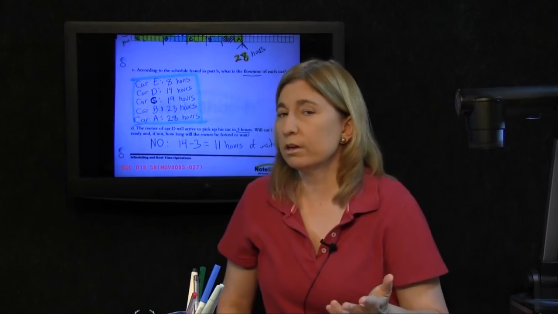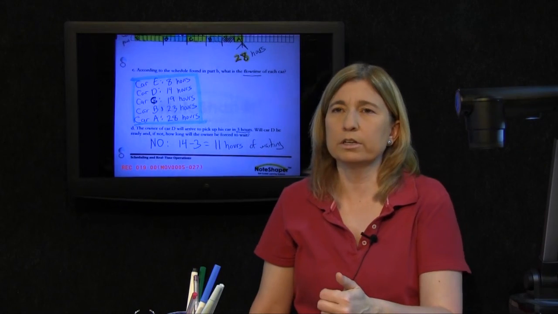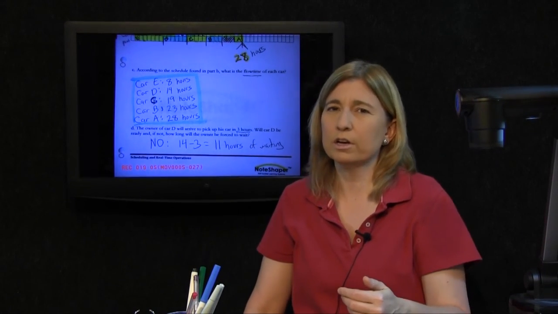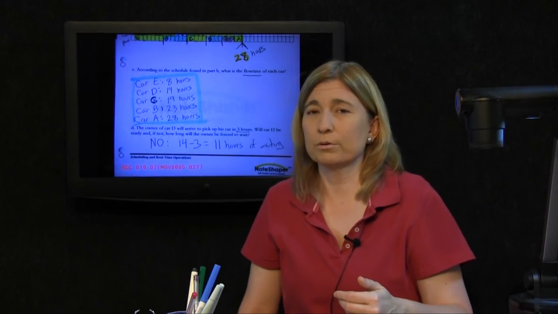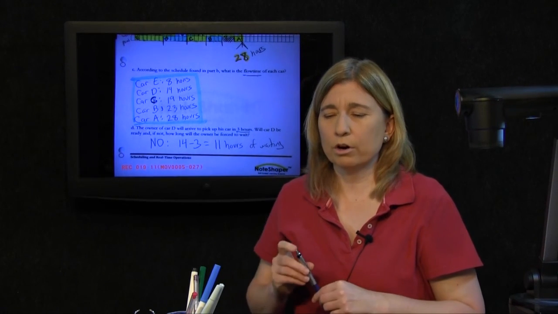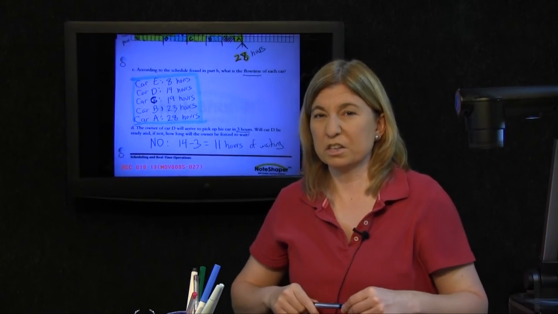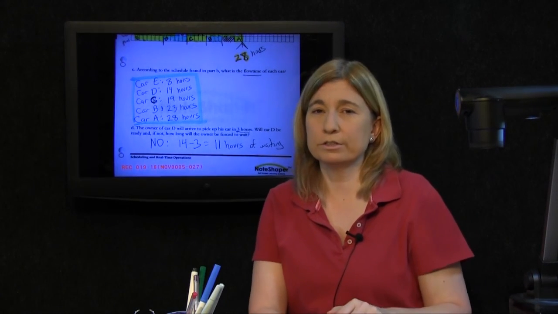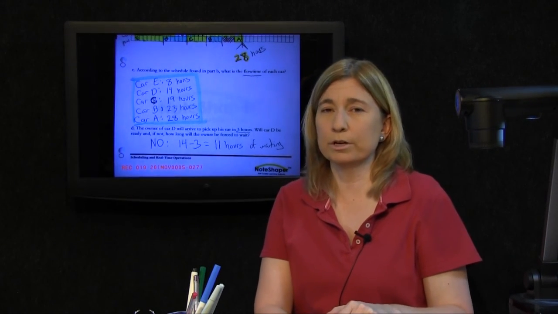Or another way to think about it: if that is in fact the deadline when the owner shows up, then car D is 11 hours tardy. But at any rate, it is a wait of 11 hours. One hopes that the owner of that car doesn't actually wait at the business for 11 hours, but car D is definitely not going to be ready when they show up.